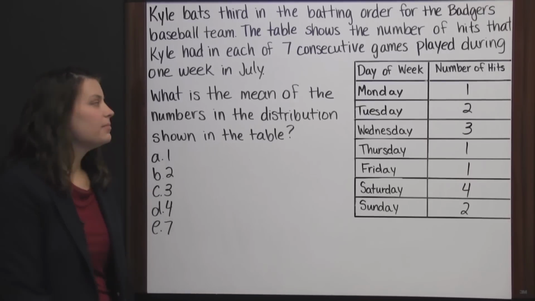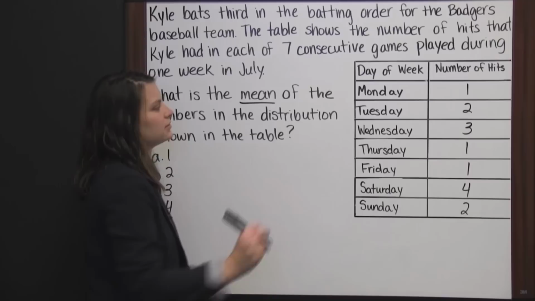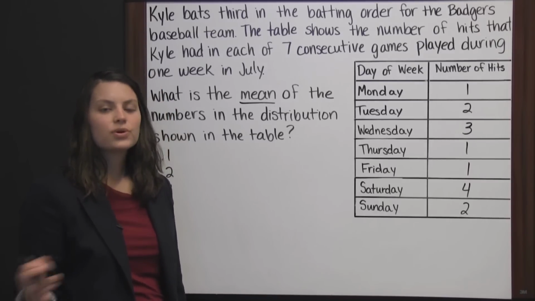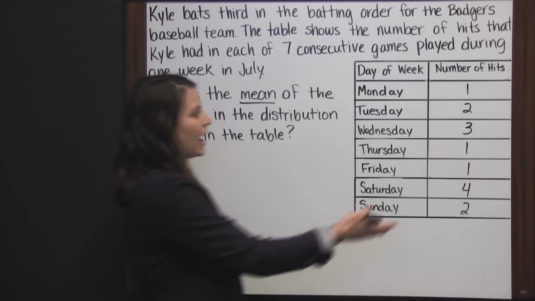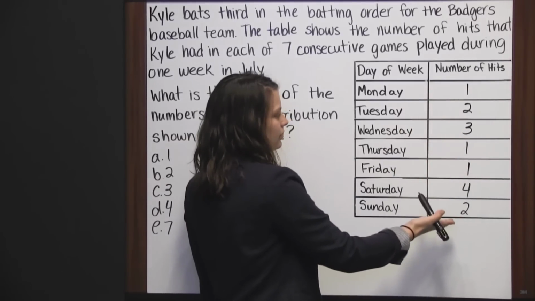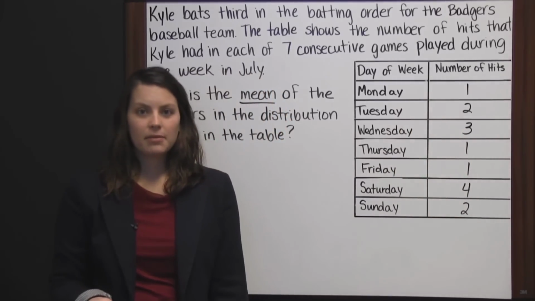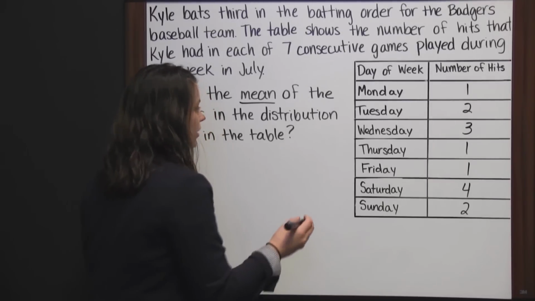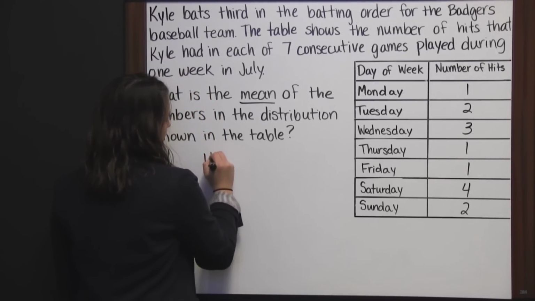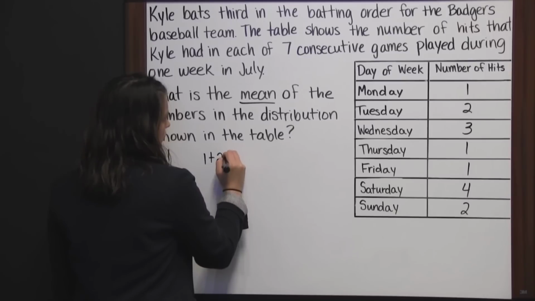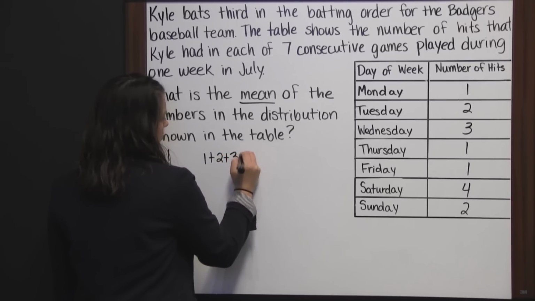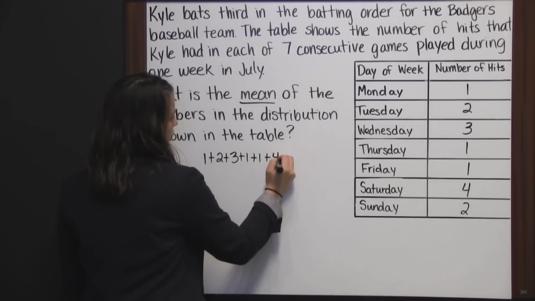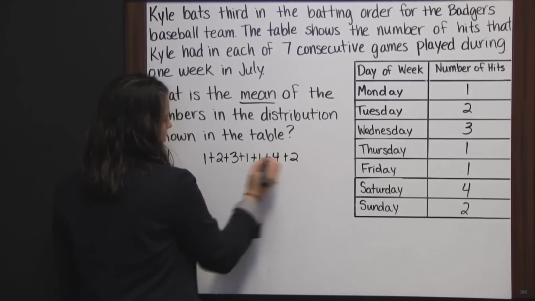Well, the mean of a set of numbers is the average. And to find the average or the mean, you must add all of the numbers together and then divide them by the number of numbers there are. So first we'll add all the numbers together. 1 plus 2 plus 3 plus 1 plus 1 plus 4 plus 2.